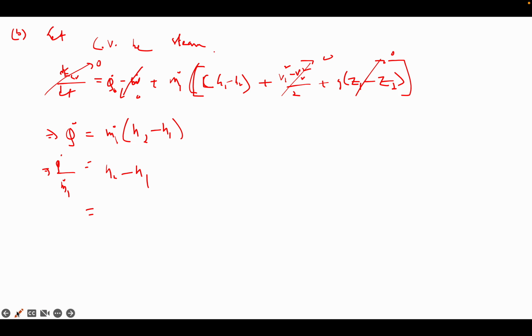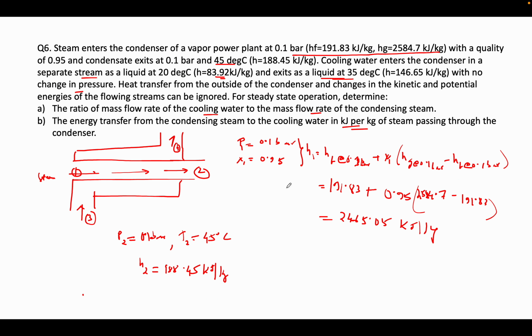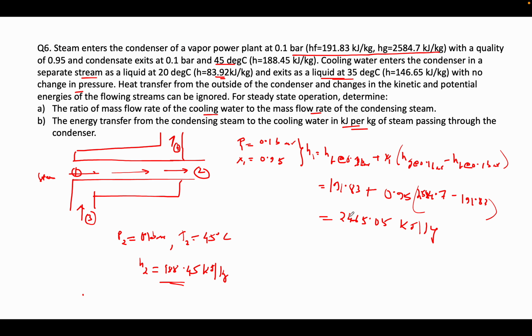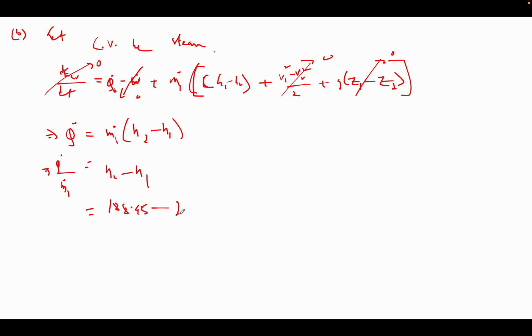So what is h2? h2 is 188.45 minus, and what is h1? h1 is 2465.05, that is kilojoule per kg.